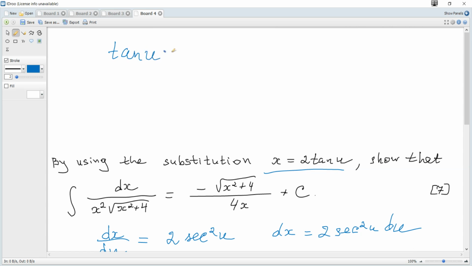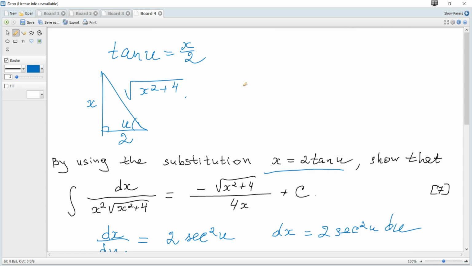Tangent of u is x over 2, and then you just consider a right angle triangle with such an angle u, so the tangent is x over 2, and you choose the ratio opposite over adjacent to be x over 2, and then using the Pythagoras theorem to find the hypotenuse, it's just root of x squared plus 4.